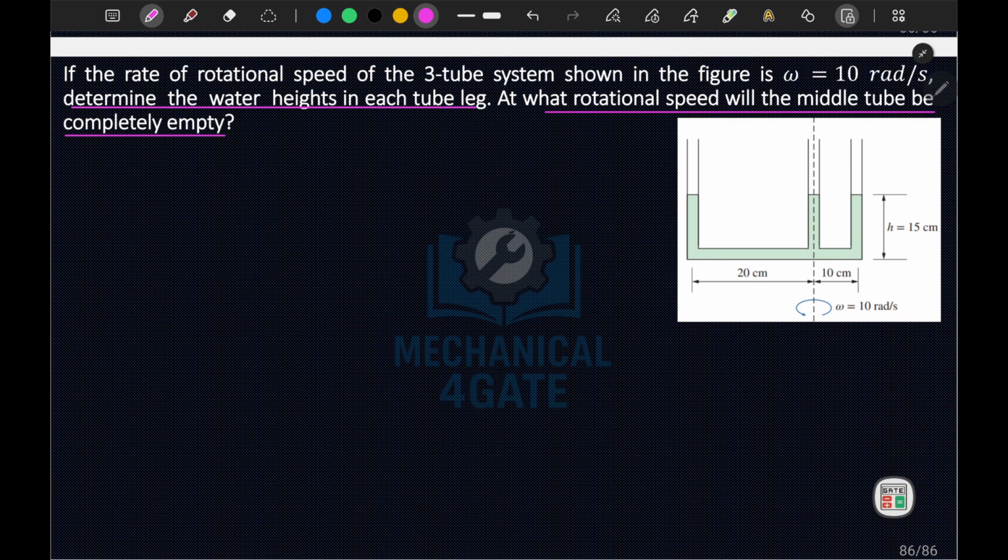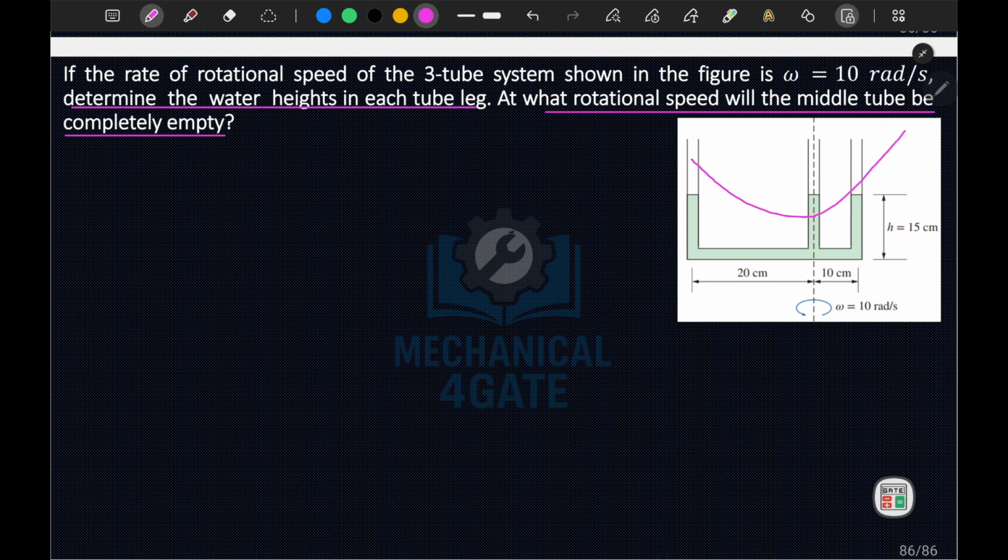Okay, so what will happen here? It will be something like this. Something like this will happen here, like it will fall from here to here, and from here it will rise.